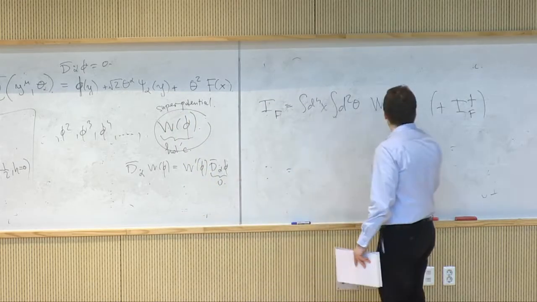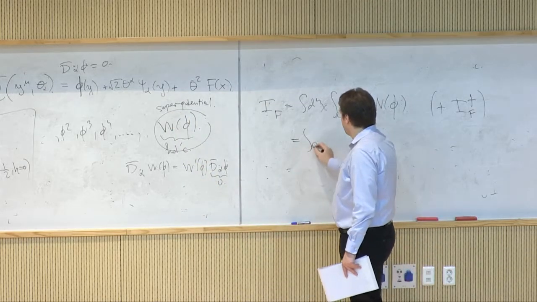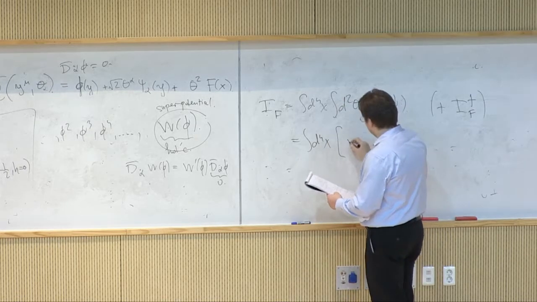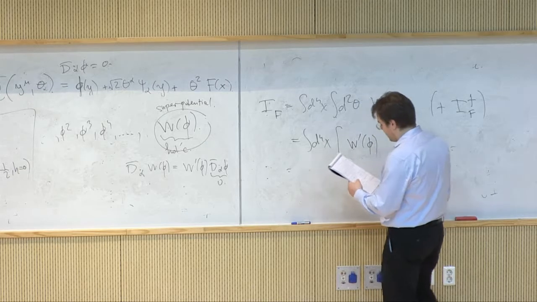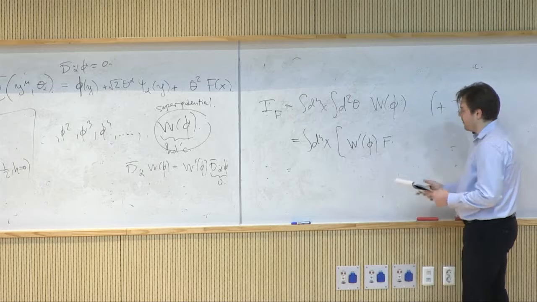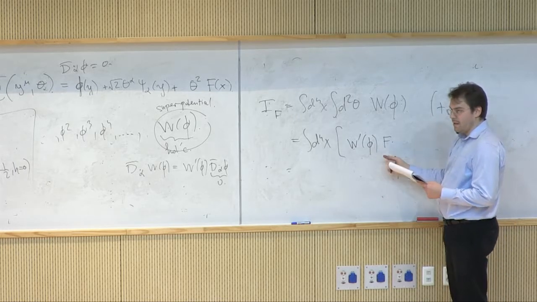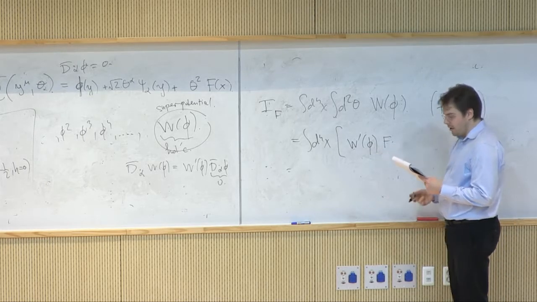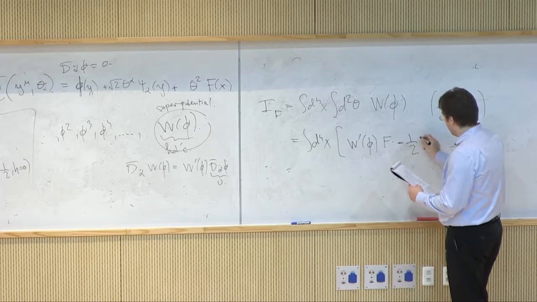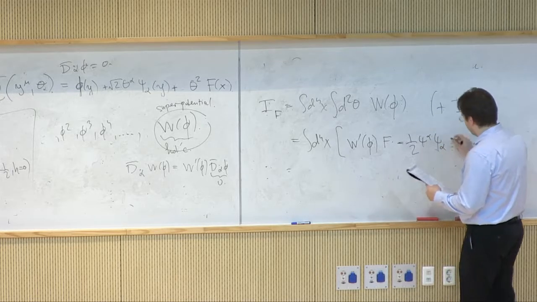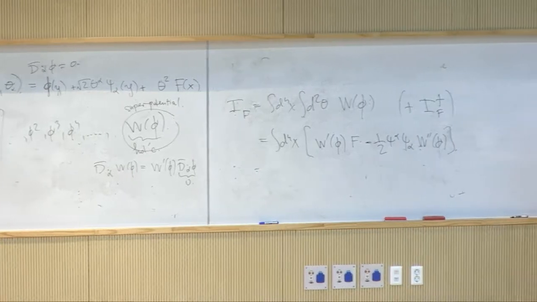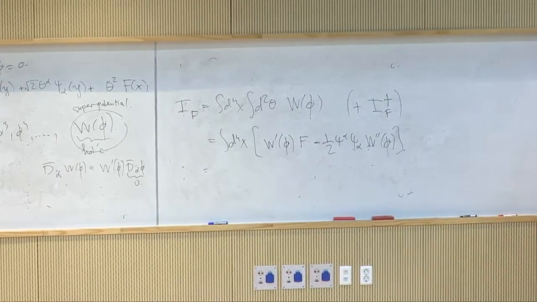And what that translates into when you evaluate this in components is the fact that you'll get a term that looks like W prime of the superpotential times F. It's roughly doing a first order Taylor expansion and then picking the F term of the one field that sits outside, or terms with two fermions, psi alpha psi beta, times the second derivative of W. So this is the F term.